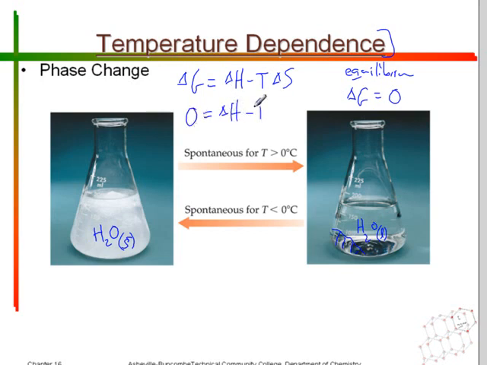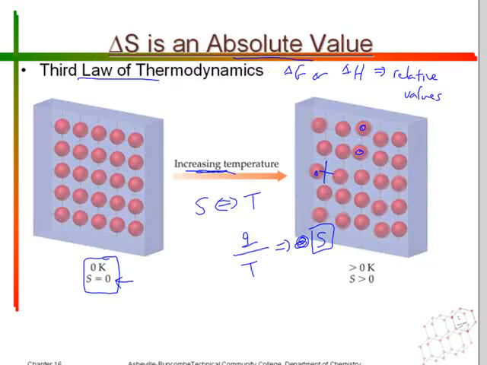If you plug that into the equation here, what you get is this new one, and I want to solve for delta S. What I see is that delta H divided by the T at which the process occurs is equal to the entropy change. Now remember what I said back here, third law of thermodynamics, that there's this relationship between entropy and temperature.